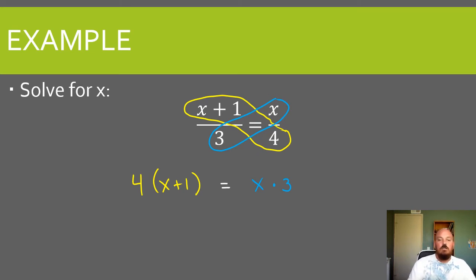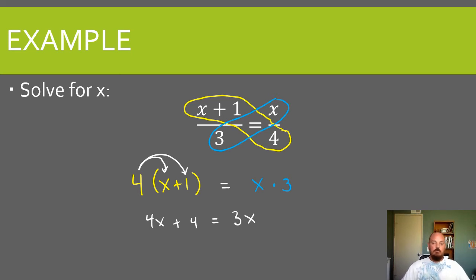So right here, let's start with the distributive property part. I have 4 times x is 4x, plus 4 times 1 is 4. And that equals x times 3, which would be 3x. So now all of a sudden we're on like a homework question from the last section. There's two different x's.